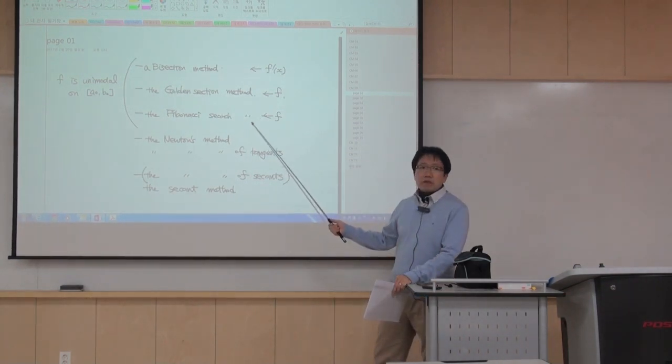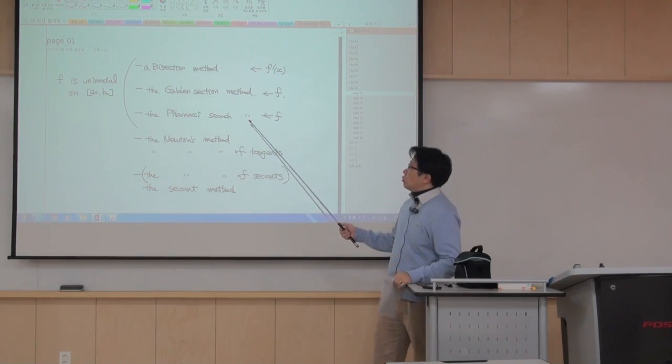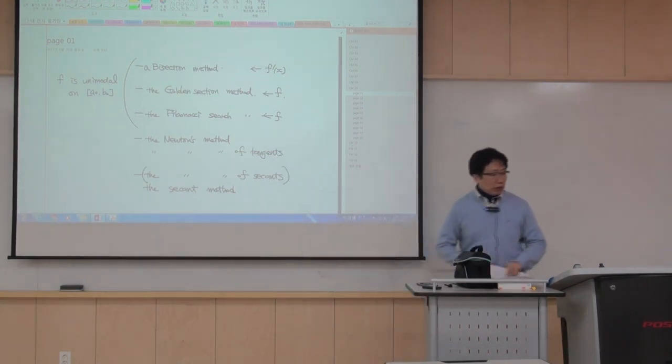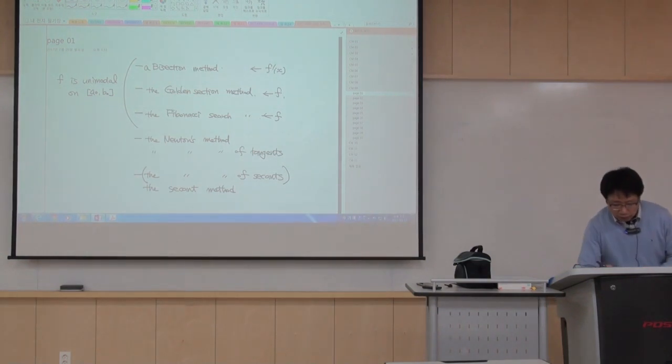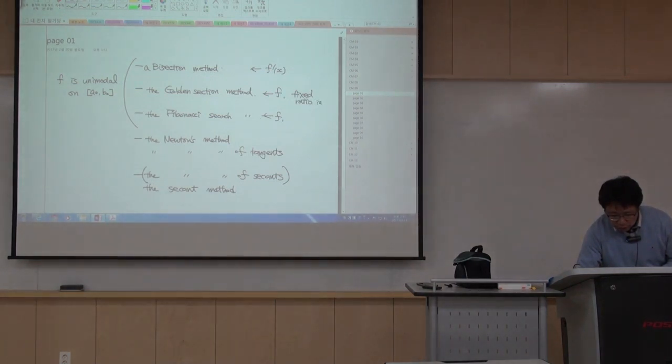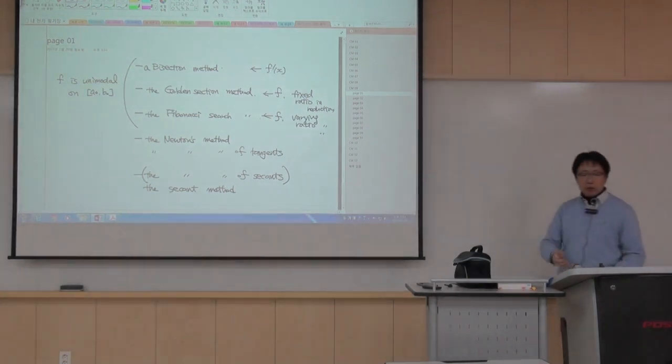But here it's varying, and that ratio is actually 1 minus the ratio of 2 consecutive Fibonacci numbers. So the difference is a fixed ratio in reduction versus a varying ratio in reduction. Got it?